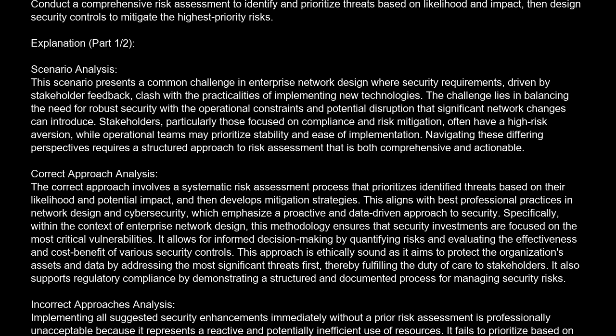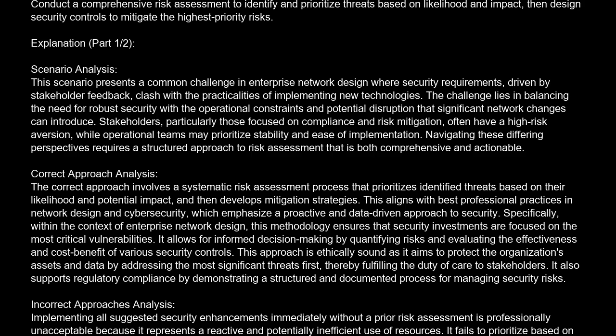Correct approach analysis. The correct approach involves a systematic risk assessment process that prioritizes identified threats based on their likelihood and potential impact, and then develops mitigation strategies. This aligns with best professional practices in network design and cybersecurity, which emphasize a proactive and data-driven approach to security. Specifically, within the context of enterprise network design, this methodology ensures that security investments are focused on the most critical vulnerabilities.